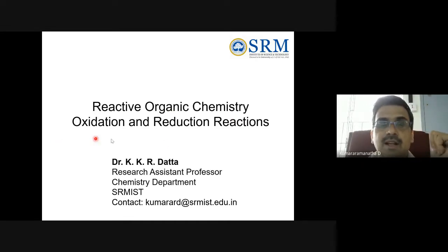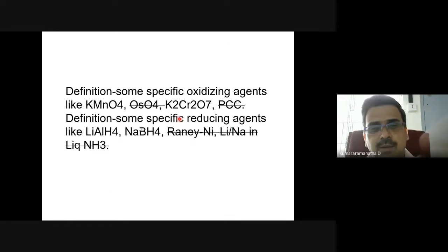Now, let's go to oxidation reduction reactions. I intentionally struck out some important oxidants and reducing agents. Do not get worried, because in your first semester, 2018, when the syllabus was changed, we even had these oxidizing agents.